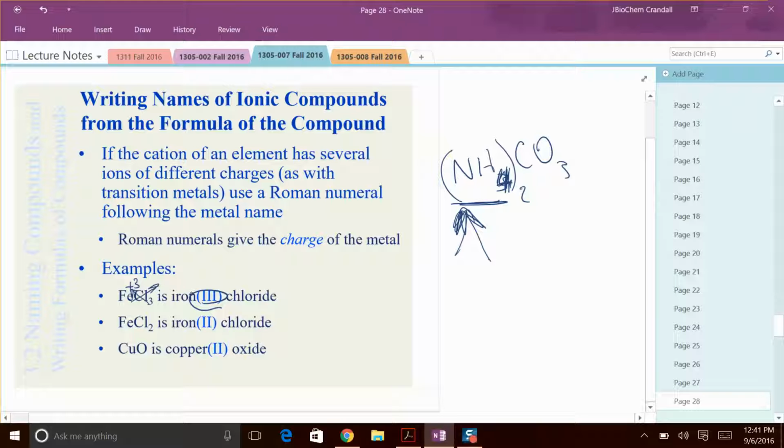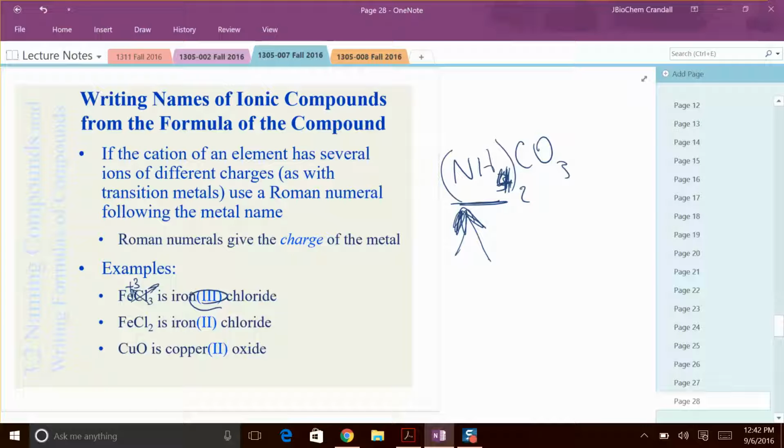Does it represent the number of irons? No. What does it represent? The charge. Because what do I know about ionic compounds? You never tell me how many there are. This iron 3 does not stand for having 3 irons. It stands for the charge.